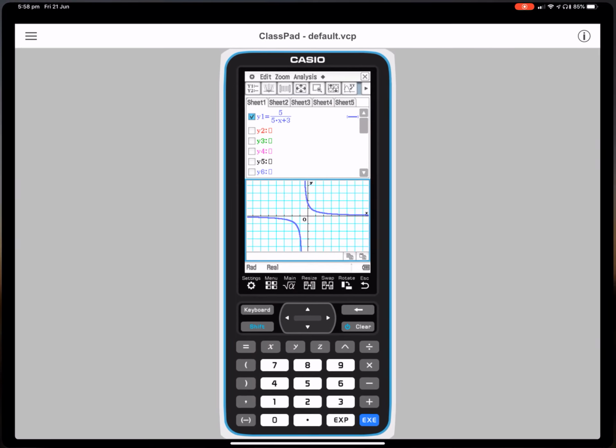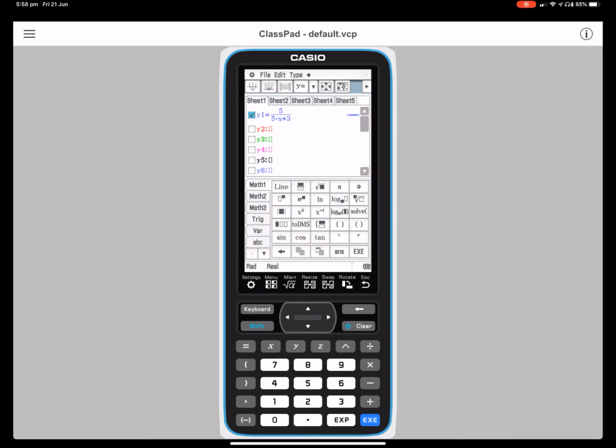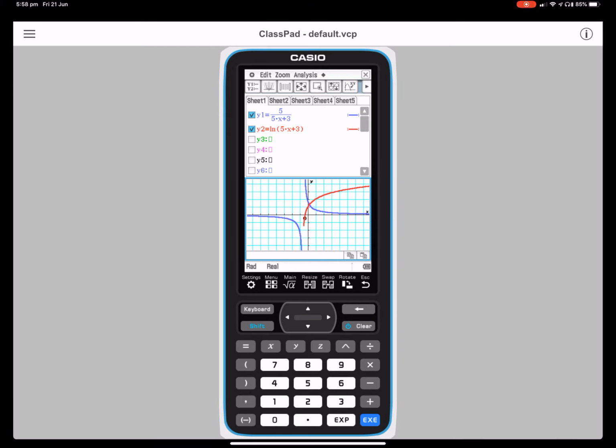So I'll show you what I mean. If I was to put the integral of this, so if I was to say log e 5x plus 3, we get the right-hand side. But then if we make it negative 5x plus 3, we get the left-hand side.